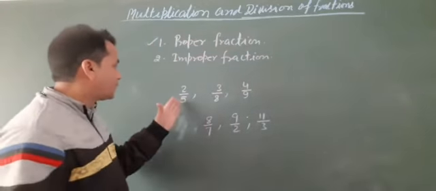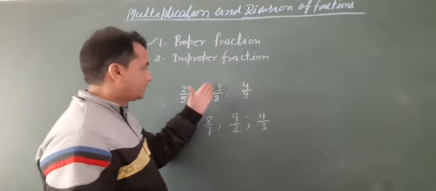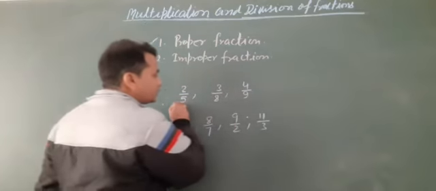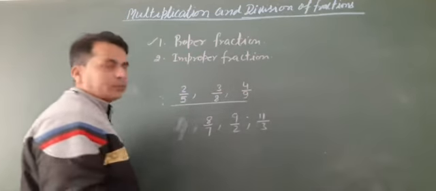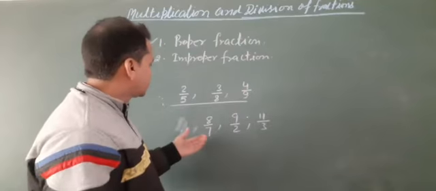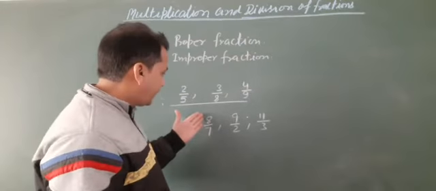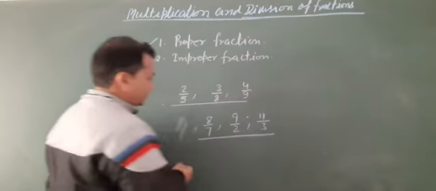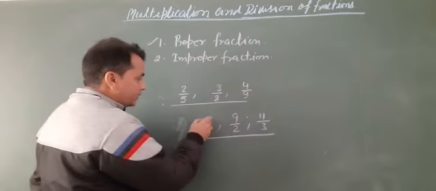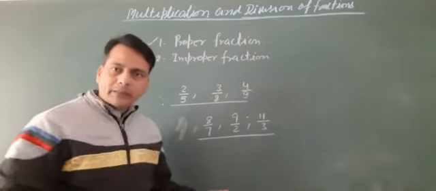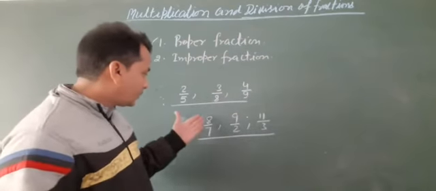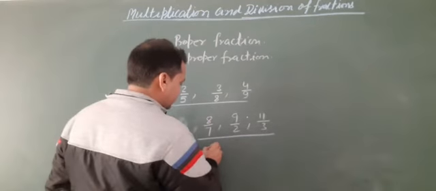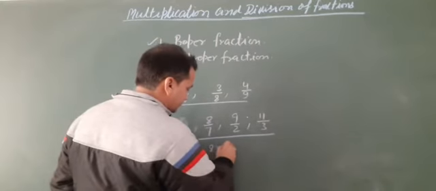So here are some examples. First is 2 by 5, second is 3 by 8, and third is 4 by 9. These examples are proper fractions. And next, 8 by 7, 9 by 2, and 11 by 3. Here the numerator is 8 and the denominator is 7, so the numerator is greater than the denominator, 8 greater than 7.